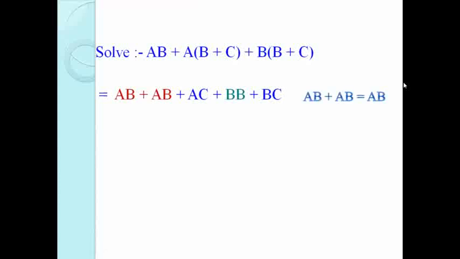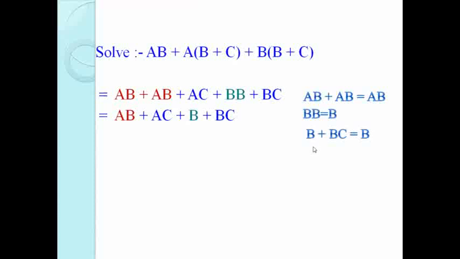And you know A plus A is A, so AB plus AB is AB. And B into B is B. So this is AB plus AC, and B into B is B plus BC.